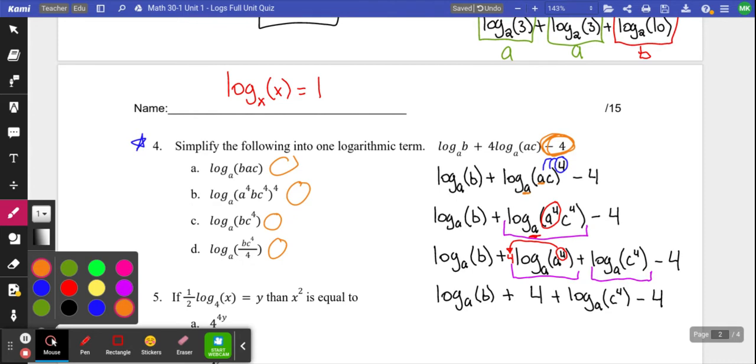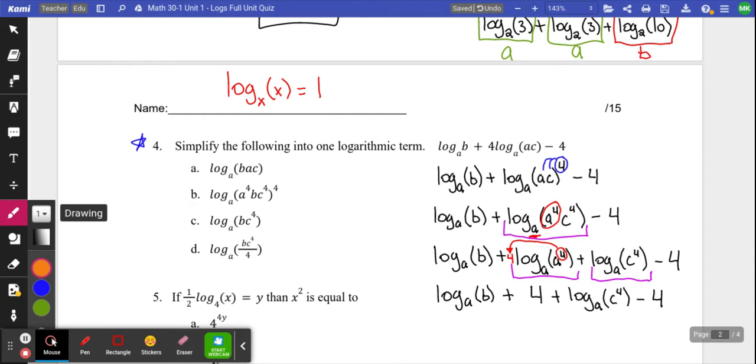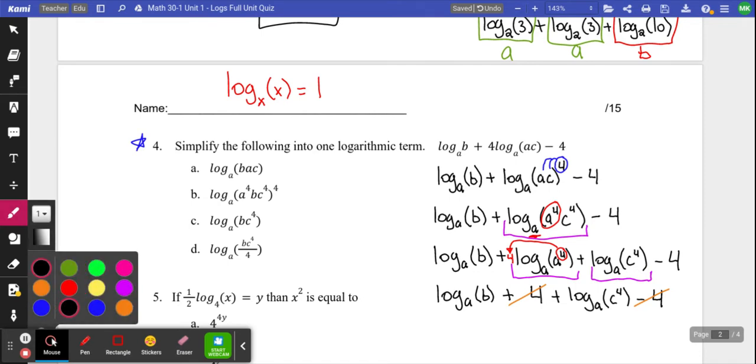And as soon as I recognized, okay, same base, same argument, that's when I recognized I could get rid of these 4s. So now those 4s go away because 4 minus 4 is 0. And I just have to combine those 2 logs. That'll be log a, b, c to the power of 4. The answer is C.